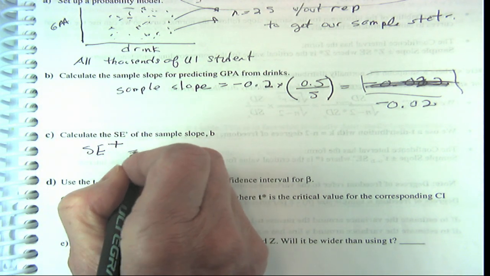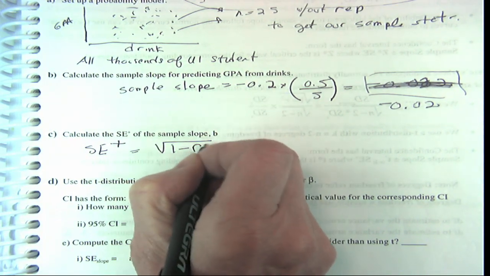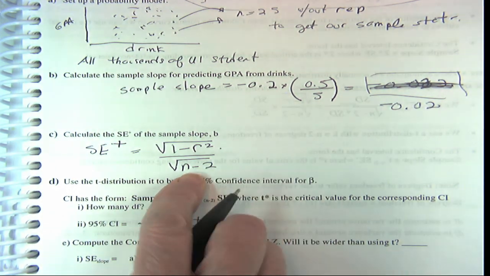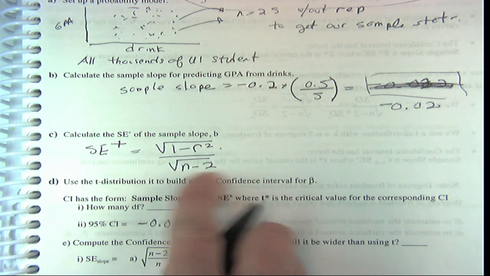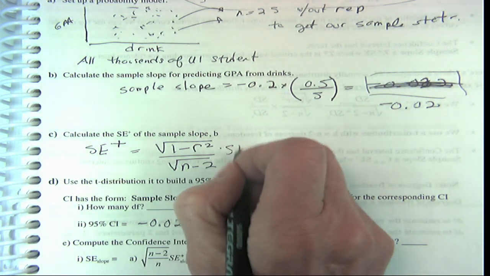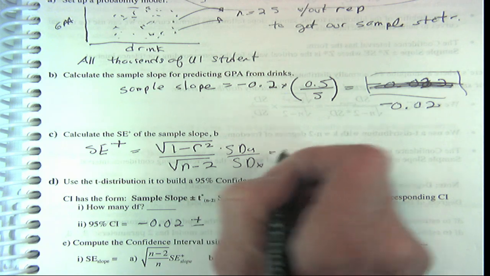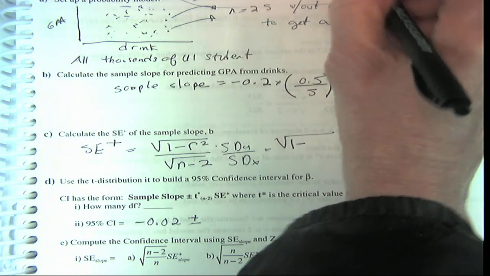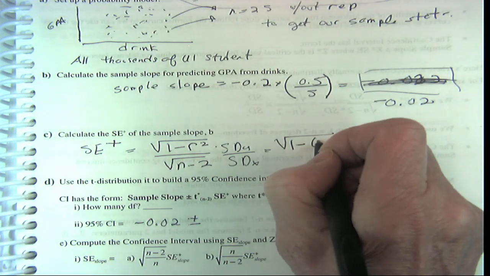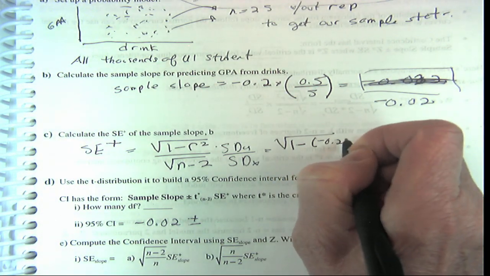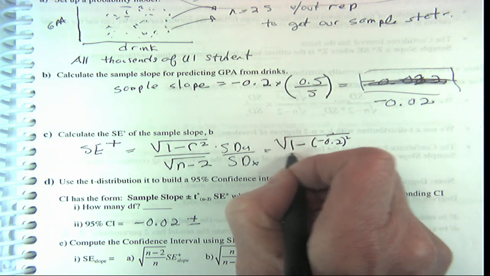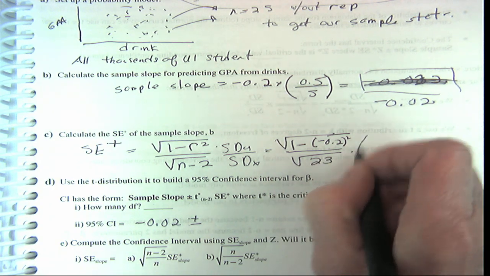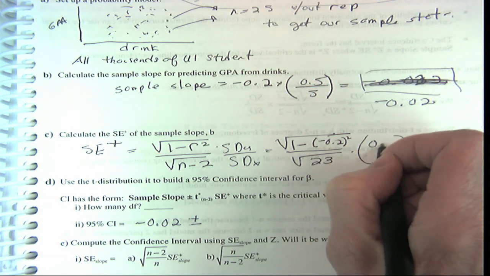It's going to be the same thing, but instead of having n, it's n minus 2. So it's the square root of 1 minus r squared, with r negative 0.2, over the square root of 23, times the ratio of the standard deviations.